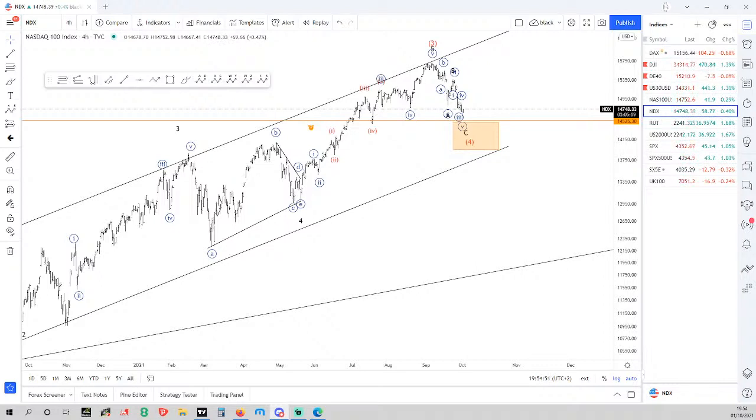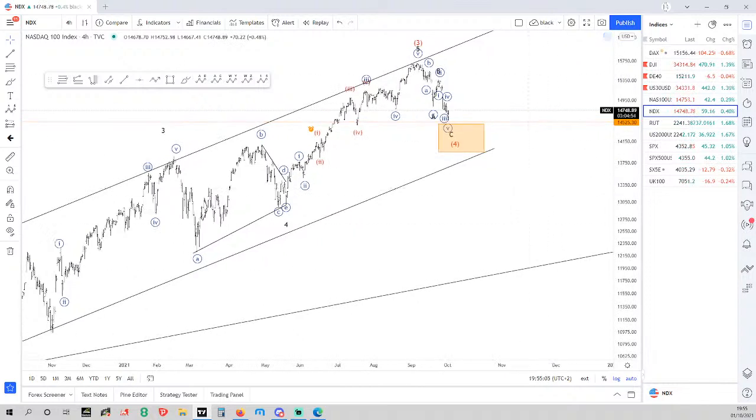Huh? Okay, it's not cooperating. Discord doesn't want to cooperate. Awesome. So that's just a day to forget.